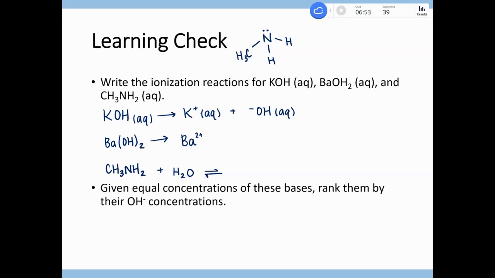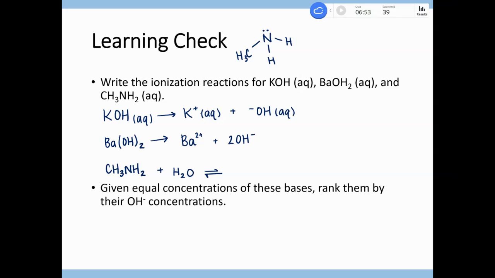There are 2 of them in that compound, so -2 overall, so barium must have a +2 charge. So Ba(OH)2 separates, ionizes into barium and 2 OH- ions. For every 1 barium hydroxide, we have 2 hydroxide polyatomic ions.